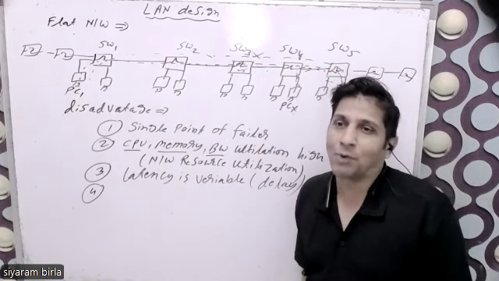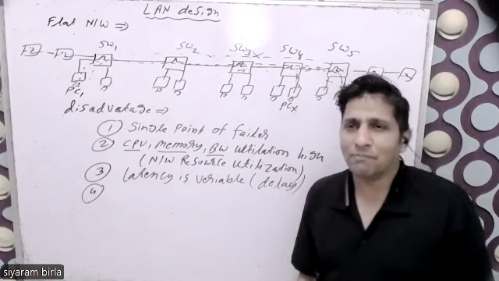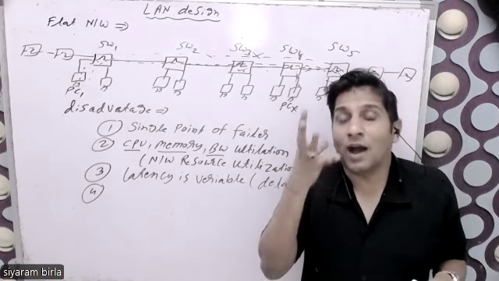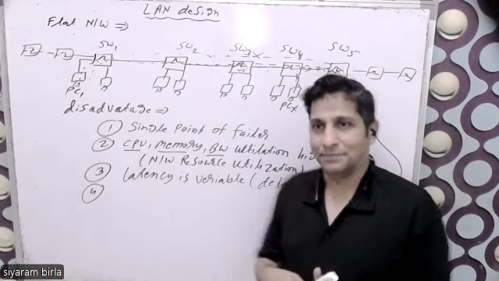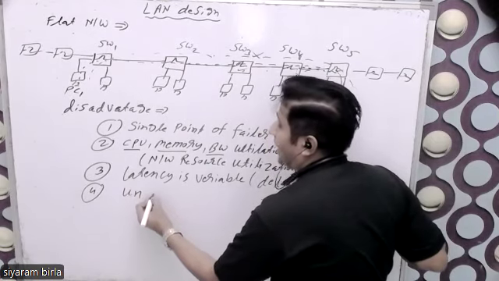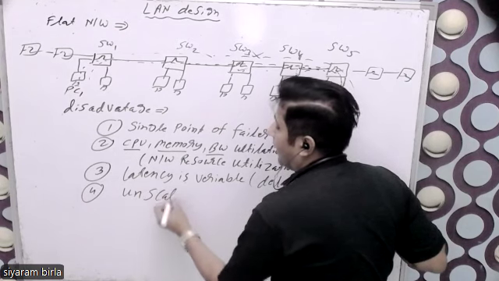So that is one of the problems. My network will fail if I'm extending it. That is called unscalable.